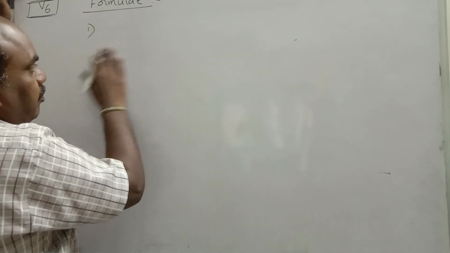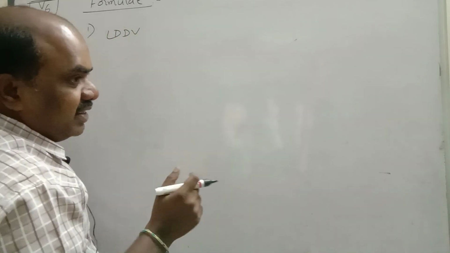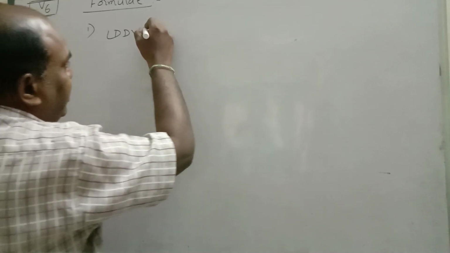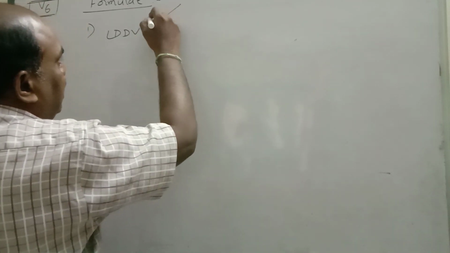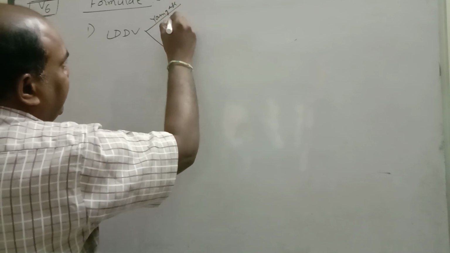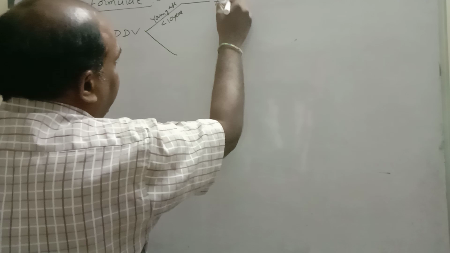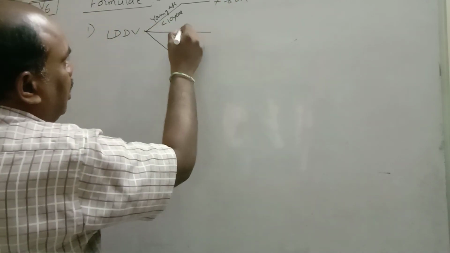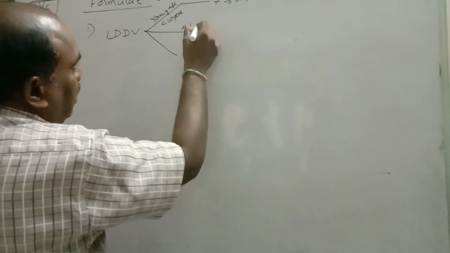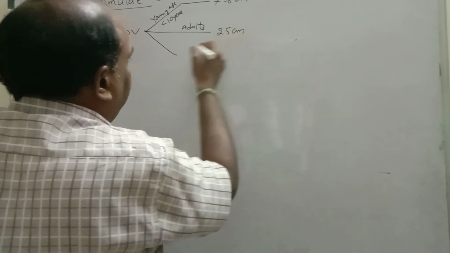Number 1, what is LDDV? LDDV means least distance of distinct vision. It varies from person to person. Young age people, who are called young age people? Below 10 years. For young age people LDDV is 7 to 8 centimeters. Adults, LDDV 25 centimeters.